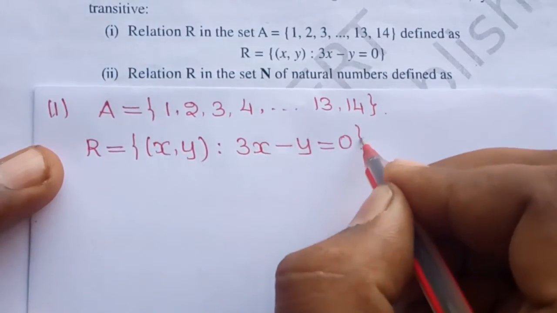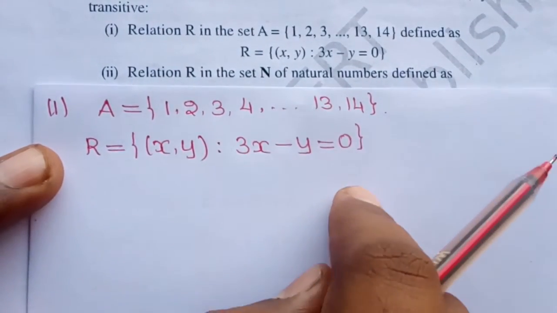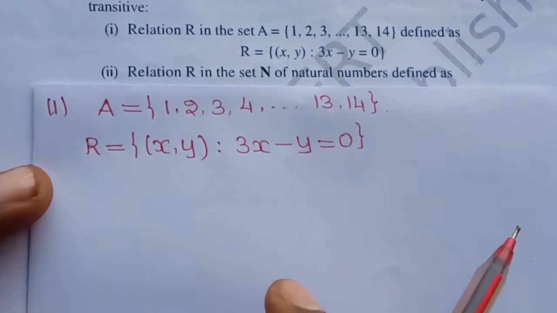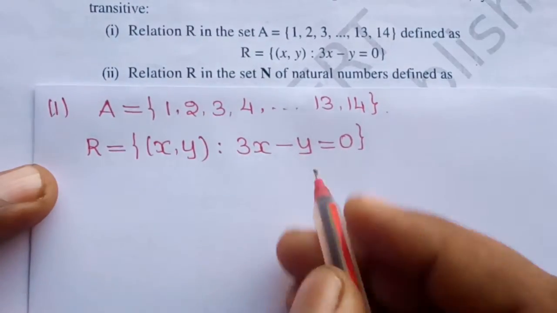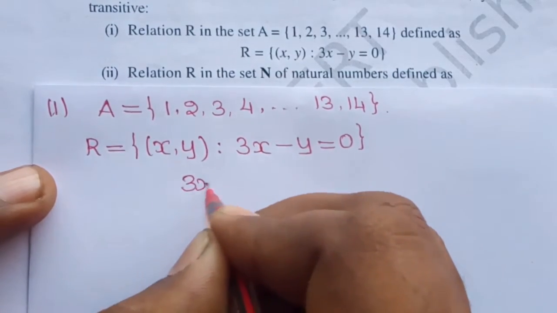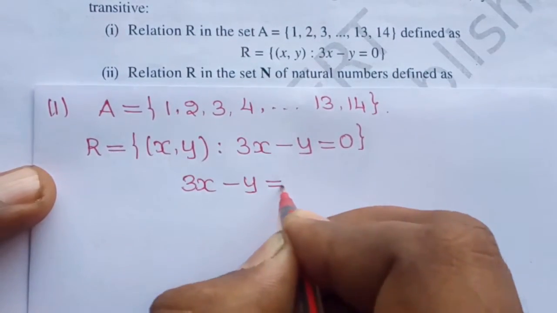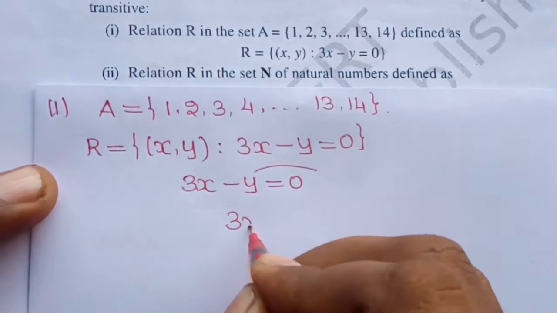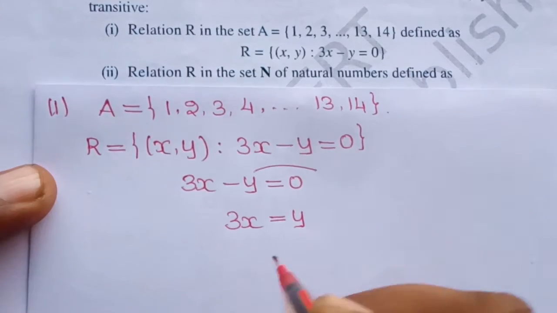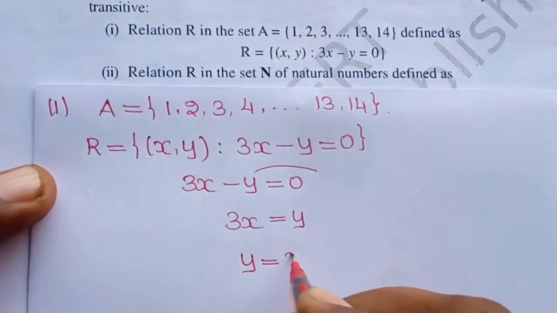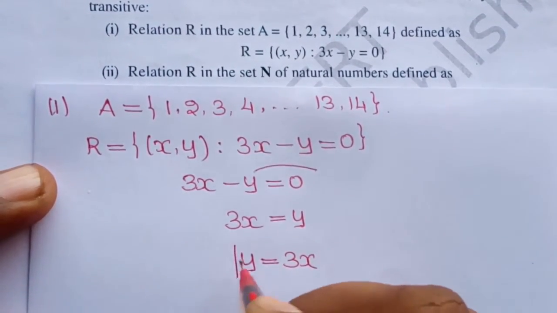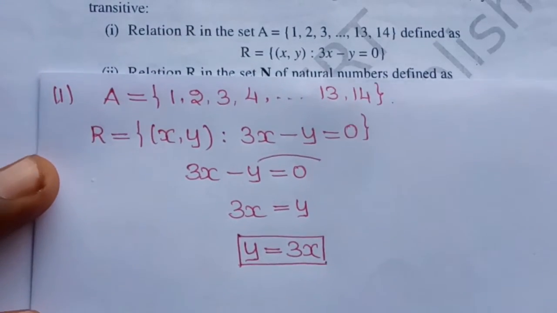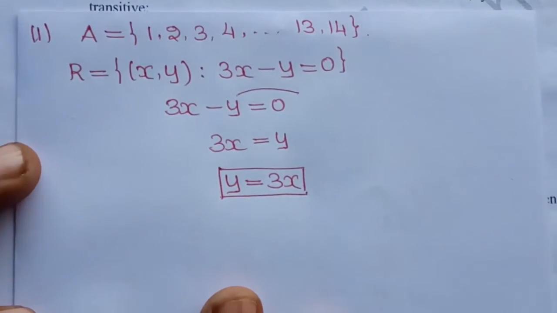If the x and y values satisfy this condition, then (x, y) belongs to the relation R. The condition can be rewritten: 3x minus y equal to 0, so minus y goes to the right side as plus, 3x is equal to y. So the condition becomes y equal to 3x.